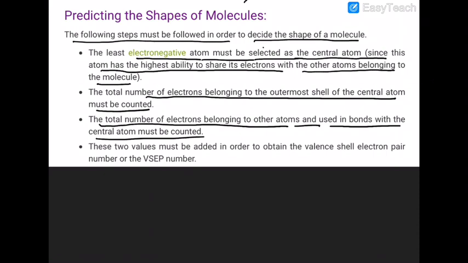These two values must be added in order to obtain the valence shell electron pair number, or the VSEPR number. Are you getting that? What is the number called? VSEPR number. That may also be called the hybridization quotient.